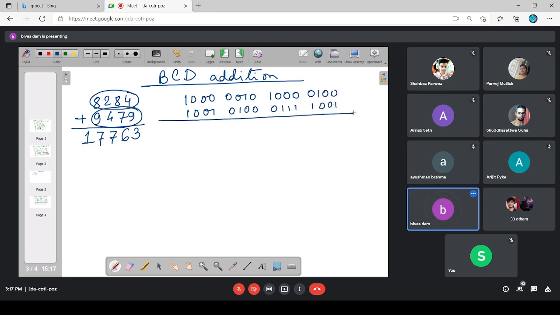Now after going for this addition, the final result should be this.